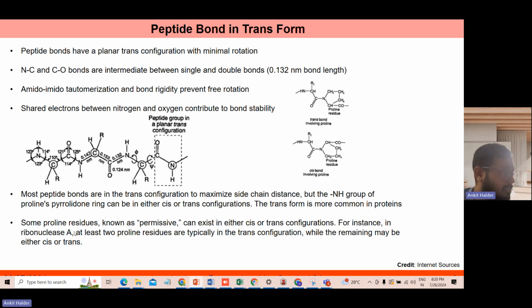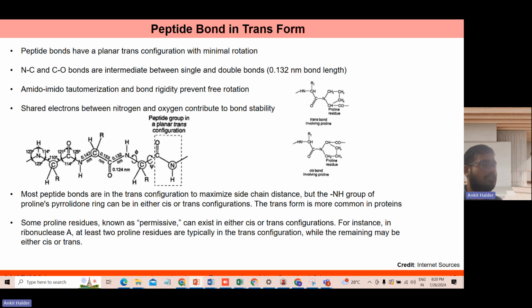Some proline residues can exist in either cis or trans configuration. So in these cases, we can see that some proline residues are permissive to either of the configurations, but mostly the peptides remain in trans configuration to maximize the side chain distance.